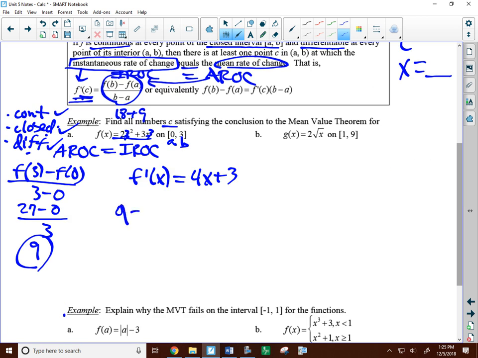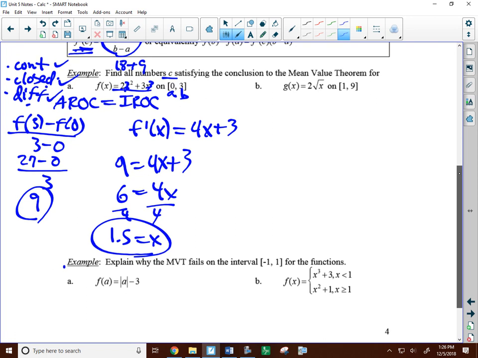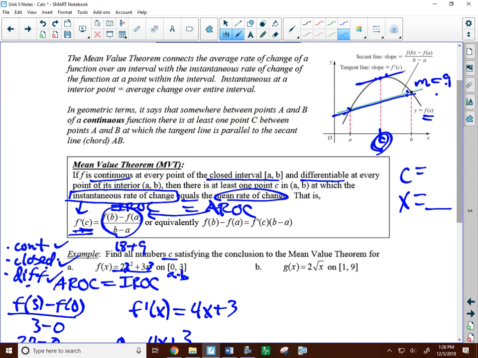So I set 9 equal to 4x plus 3. Subtract 3, I get 6 equals 4x. Divide by 4, 1.5. By the way, you'll notice it's halfway along the interval, 0 to 3. That is just coincidence, and it will not always be half. So what we found is right here, 1.5, the x coordinate where the slopes were equal.